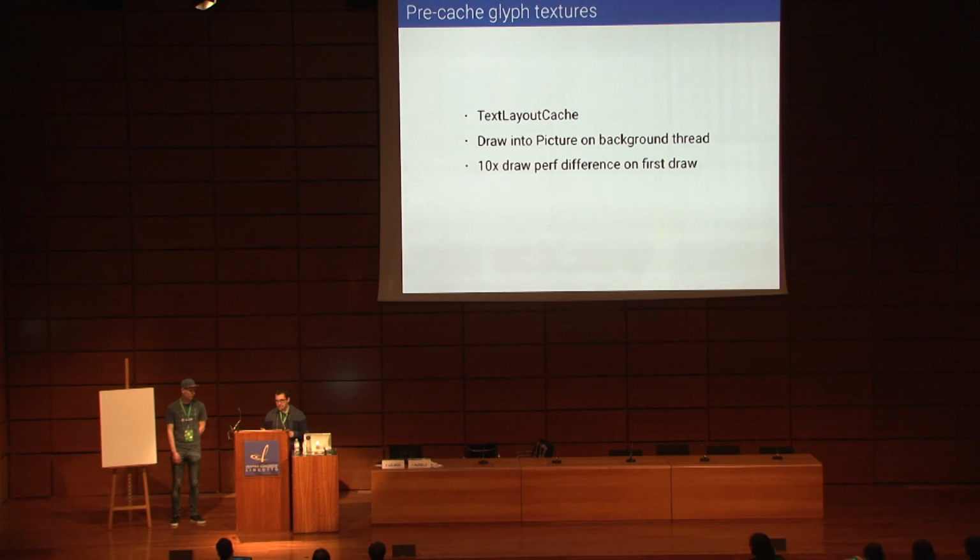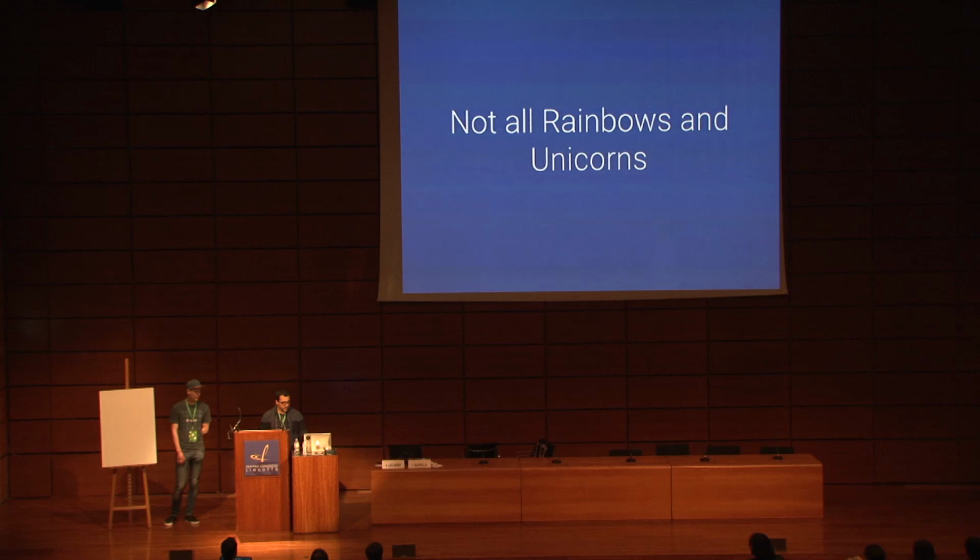It's kind of like a display list before display lists were invented, and it's not really supported now in hardware accelerated stuff, but we don't really care, because what we want is for the glyph cache to be populated. This way, when you're actually going to draw your view, the first time we saw with this technique up to 10 times faster drawing time for text. So if you're having trouble drawing your text, this might be an option for you.